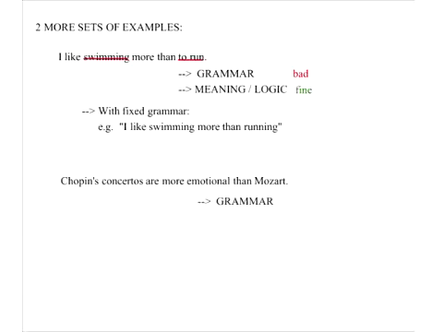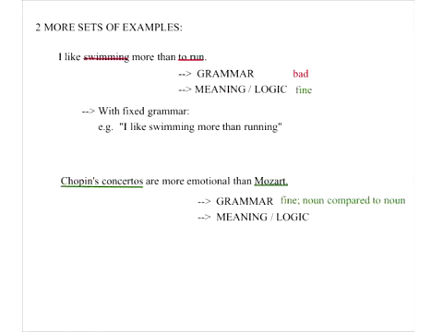There's grammar and there's meaning or logic. The grammar is fine because both of those are nouns. I mean, Chopin's concertos are a noun, and Mozart is another noun. So if you are a computer and you are strictly looking at grammar elements, then this is fine, because a noun is compared to another noun.